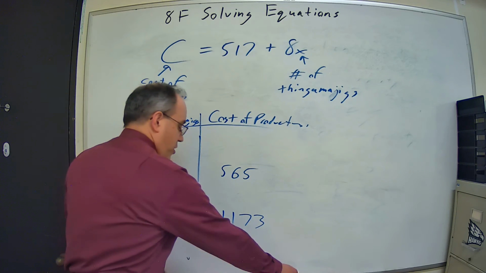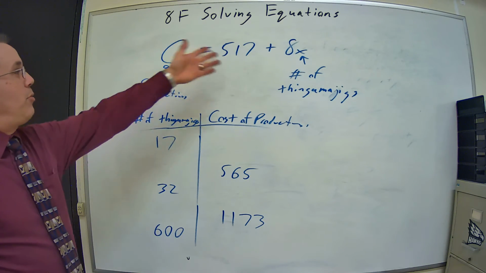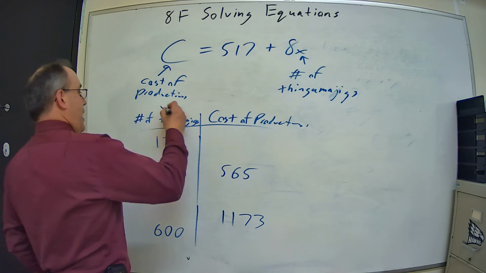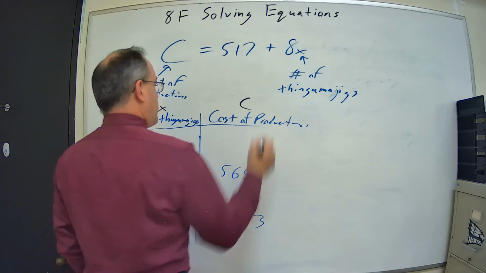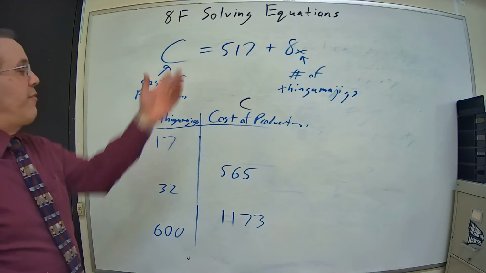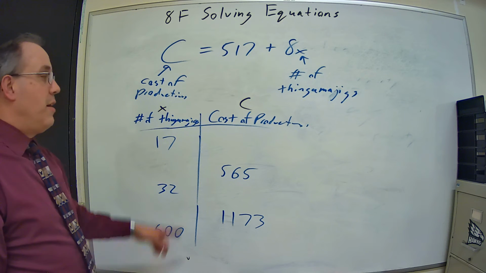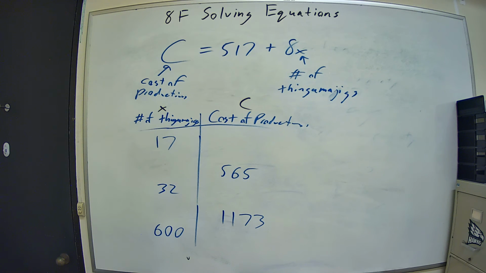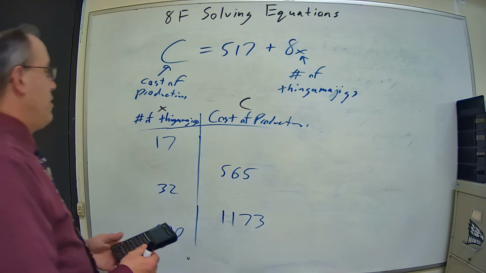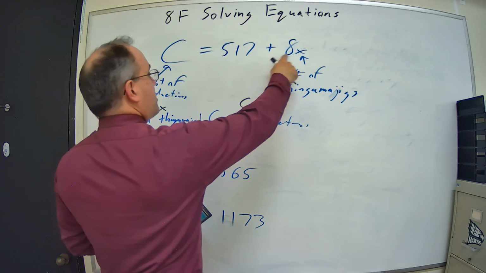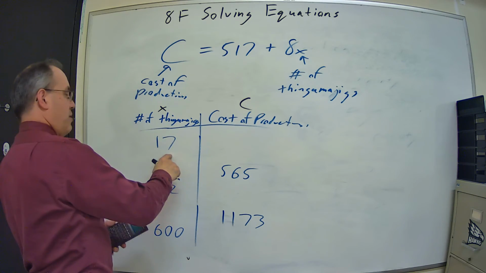So now we can go through by just plugging in for the correct value. Now remember, number of thingamajigs is x, the cost of production is C, so the easiest thing for us to do at this point is plug in the x values, and we can find out what the cost of production is associated with that. So I have, for the first one, 517 plus 8 times 17.